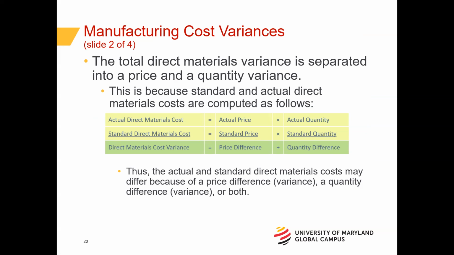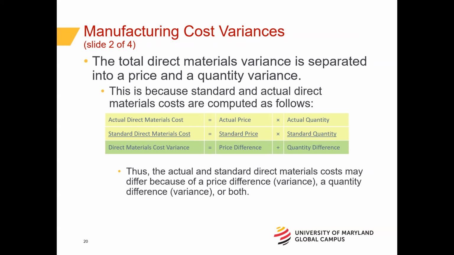Total direct materials variance is separated into quantity and price. How do we find the variance? We take the actual price times the actual quantity, which gives us the actual direct materials cost. We compare that to the standard: standard price times standard quantity gets us the standard direct materials cost.